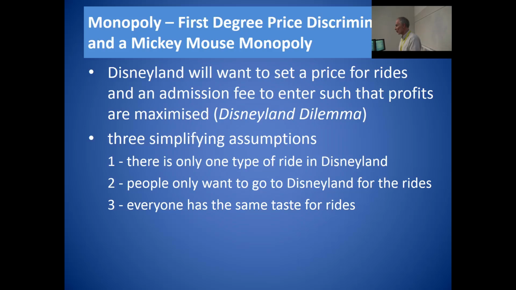That is the so-called Disneyland dilemma. How does it set these two prices independently? It all boils down to this idea of perfect price discrimination. Knowing what customers are willing to pay, and charging them a price up to that level, for the overall package.